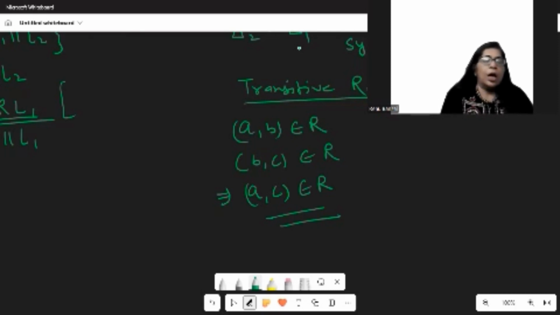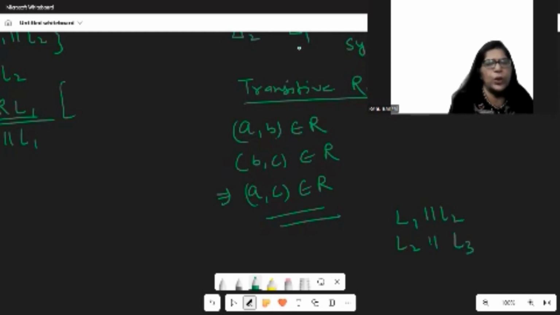The same example, if L1 is parallel to L2 and L2 is parallel to L3, will L1 be parallel to L3? Yes.